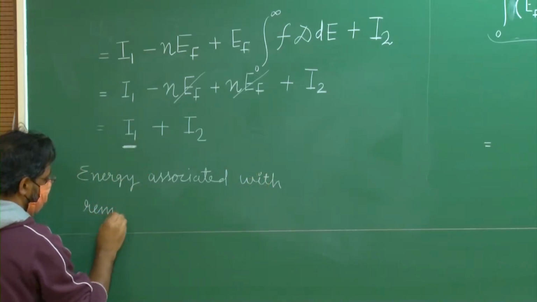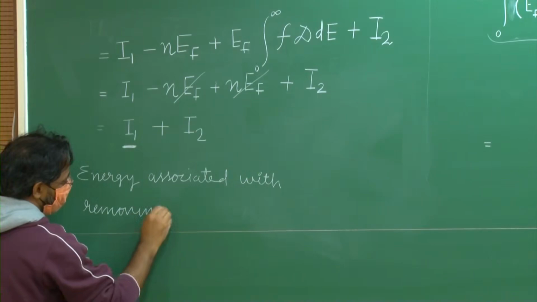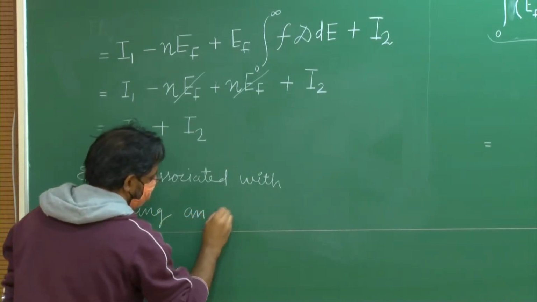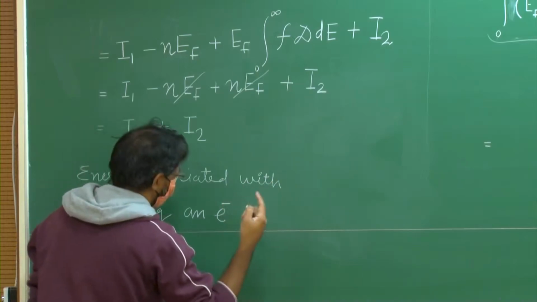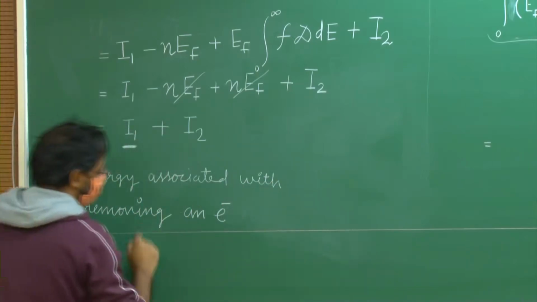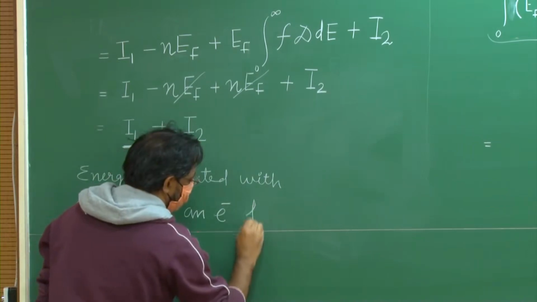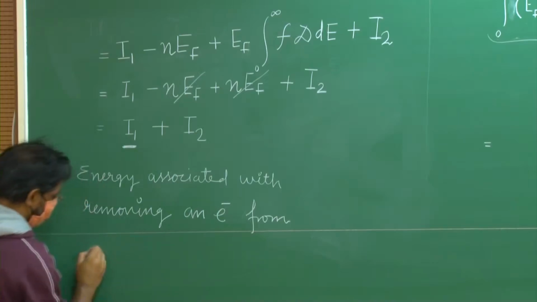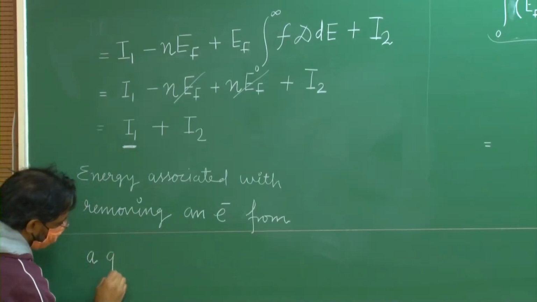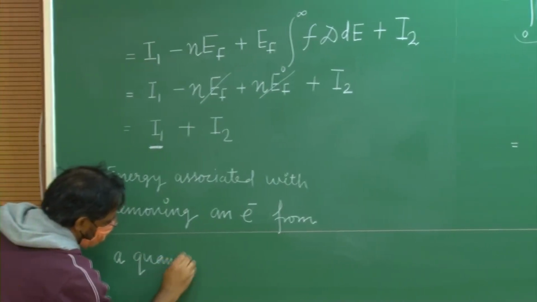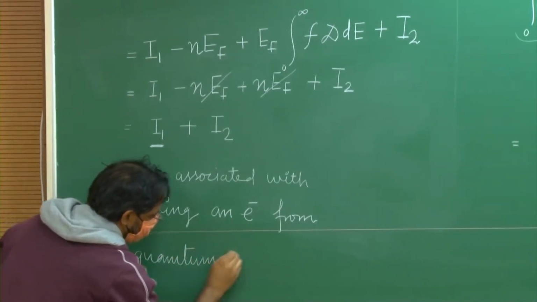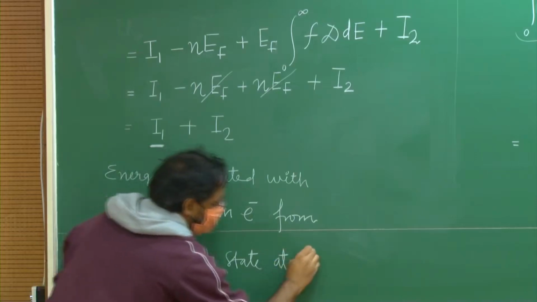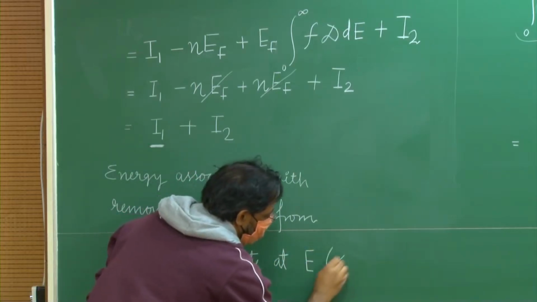removing, I mean, I don't know if removing is a good word. You can choose a better word for it. An electron unplugging, no, even that is not so good. Think of it, an electron from a quantum state or energy eigenstate at E, meaning having energy E, which is less than EF.